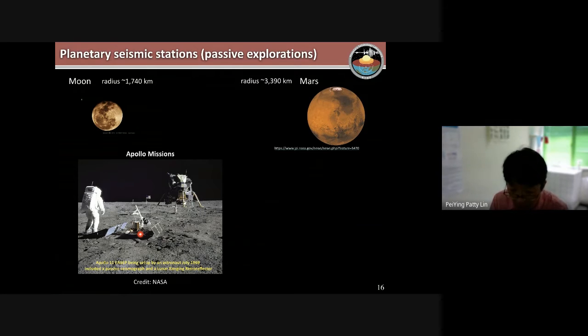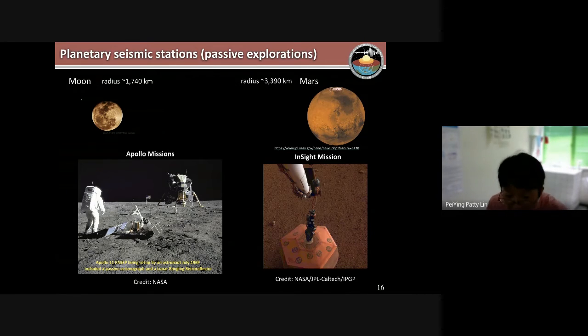You can see the solar panel, the seismometer, and an antenna pointing to the Earth so that we can get the data. So 50 years ago, the astronauts helped us deploy the seismic stations on the lunar surface.